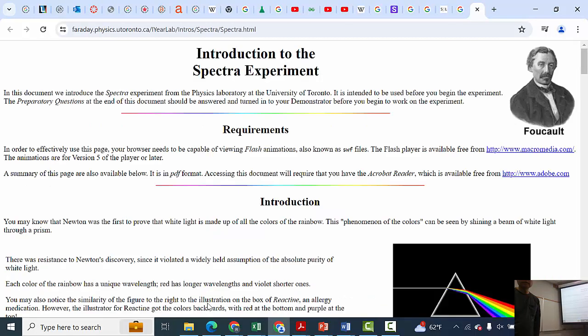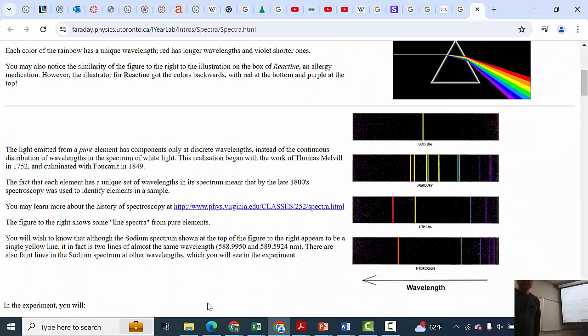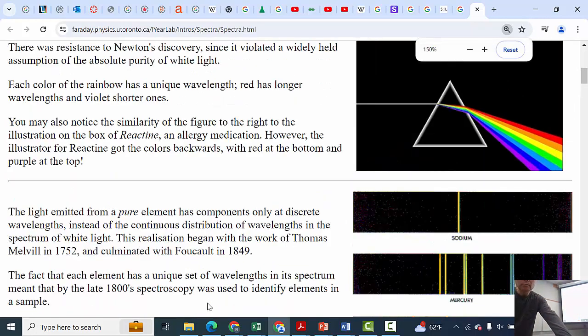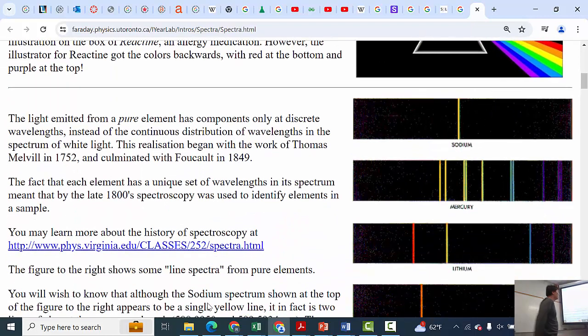See if I have sodium here. It looks like there's just one line in sodium. It's actually two lines. We call it a doublet.